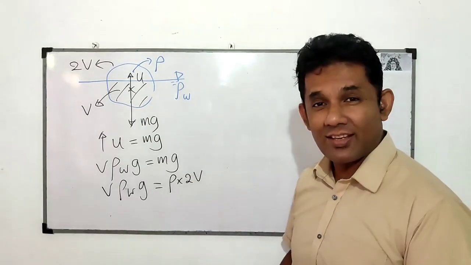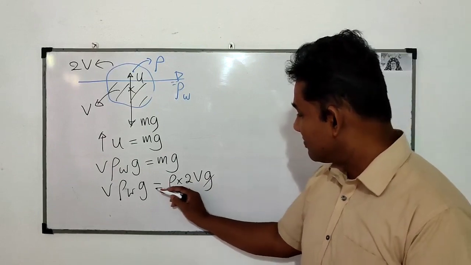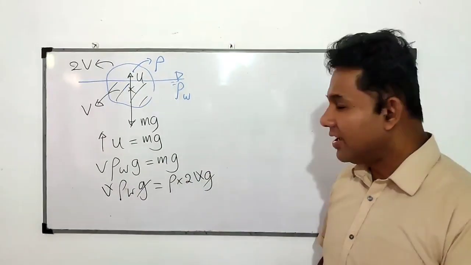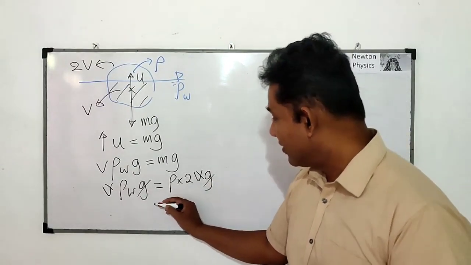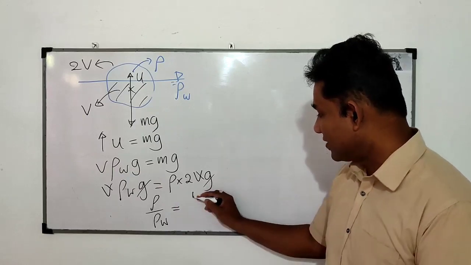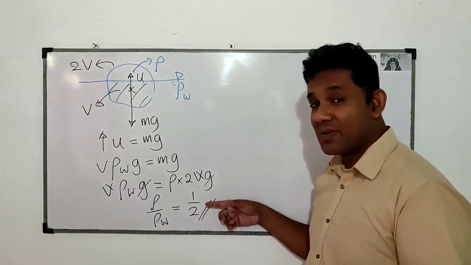Volume is 2V. Now here you can cancel g and also V. Clearly you will get rho divided by rho W as half. I gave this ratio previously.